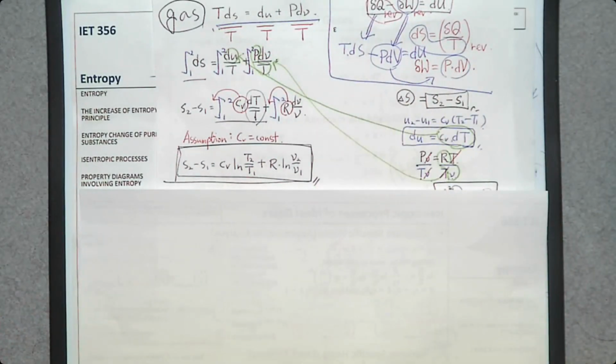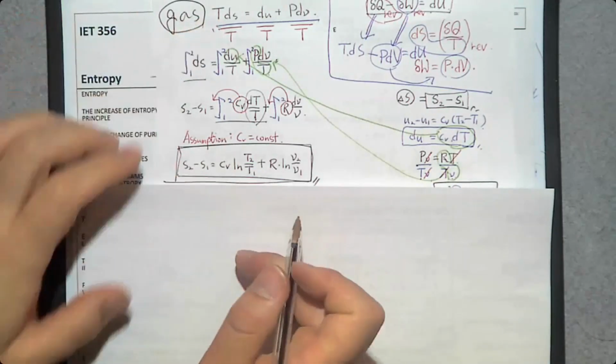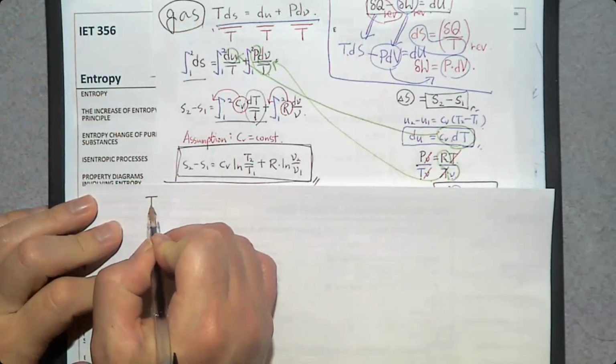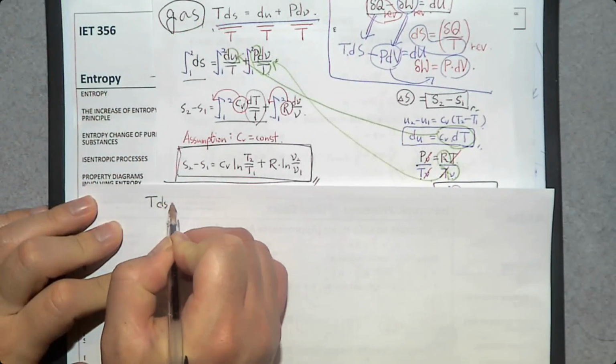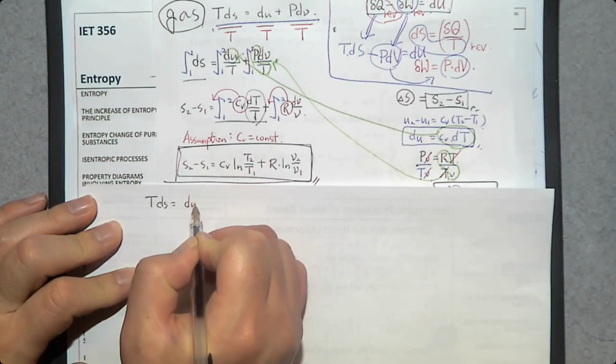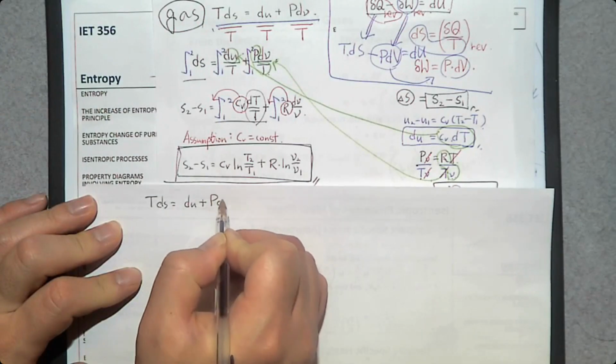Okay, so we got one equation. Now the second one is going to be, let's start with this TdS relation. TdS is dU plus PdV.